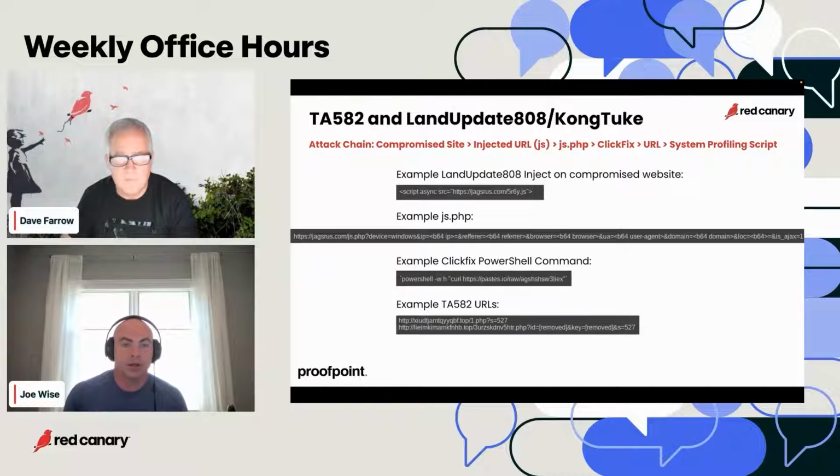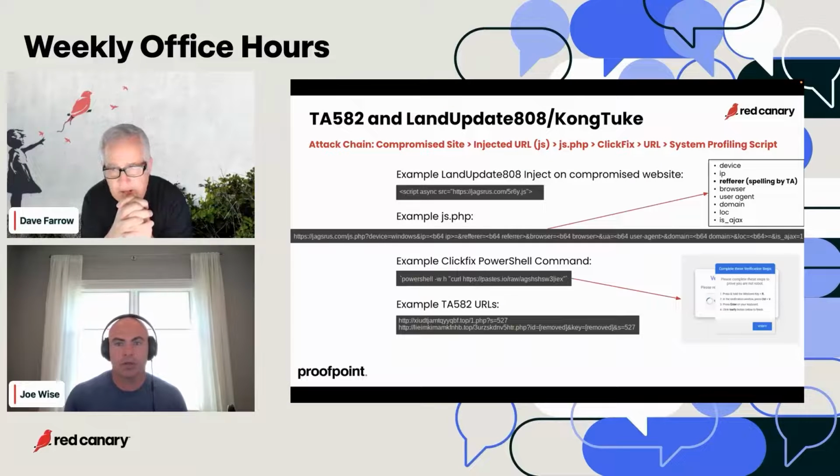You can see the js.php, and then the components that it uses to profile the system. It grabs the device, the IP, refer, the browser user agent string, and so forth. And after profiling the system, it basically decides the next stage. And I think maybe if you click one more, there we go.